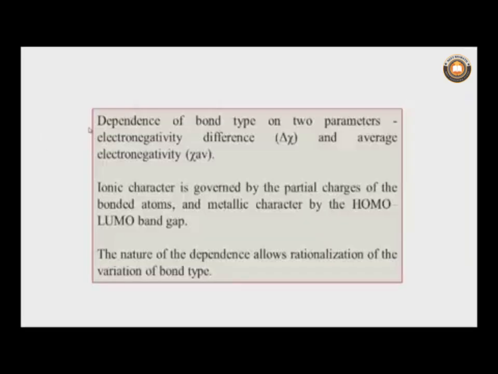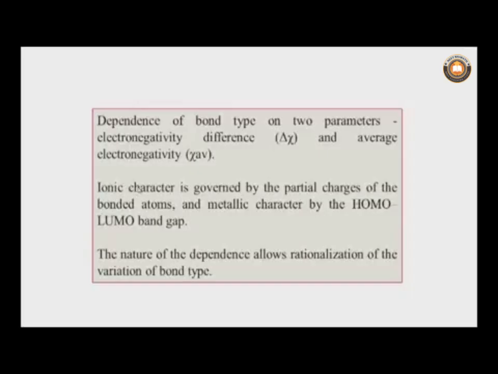Okay, so this particular dependence of bond type is basically governed by two parameters. Since we are talking in terms of electronegativity, the electronegativity difference and the average electronegativity are the two parameters.